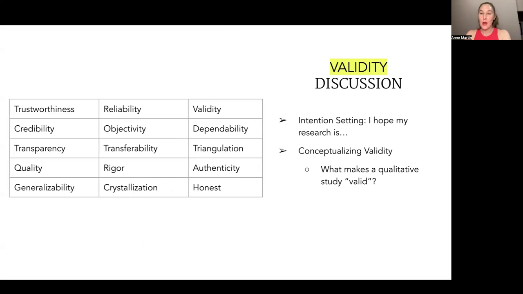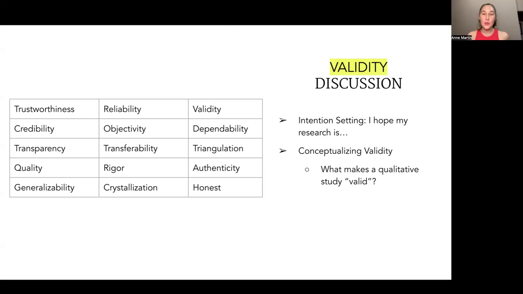So when we think about this idea of valid, there's so many different dimensions to this idea. And so I have them listed here, and you might have more to include in perusal as well. Some qualitative researchers talk about trustworthiness, some talk about reliability, others use validity, credibility, objectivity, dependability, transparency, transferability, triangulation, quality, rigor, authenticity, generalizability, crystallization, or honesty.